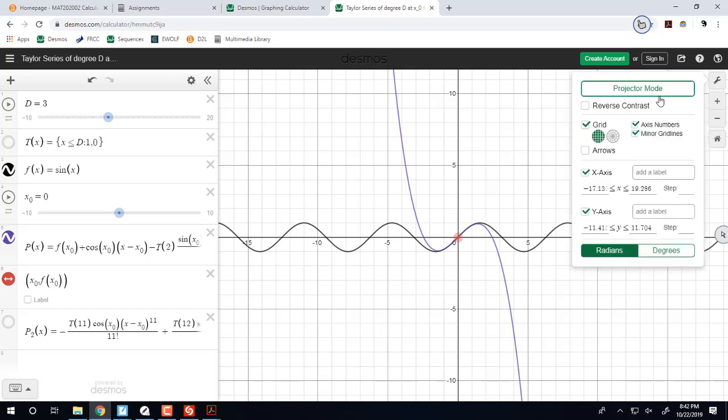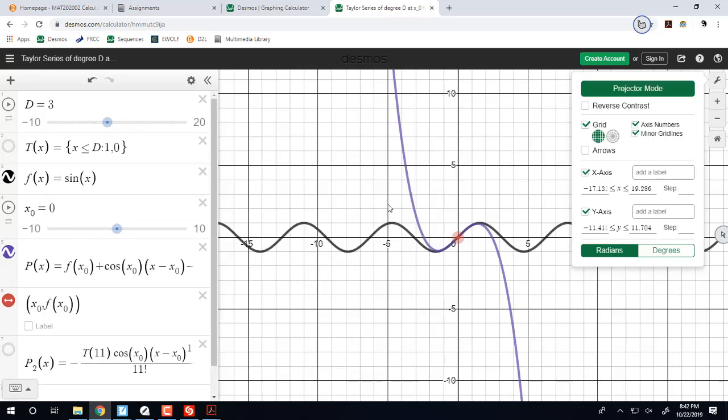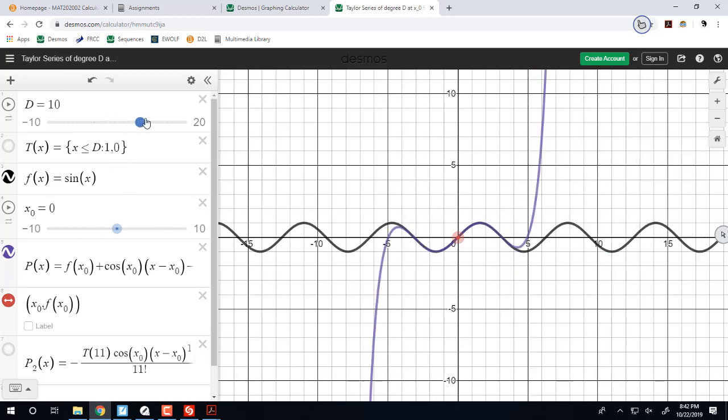Okay, so here's the third degree polynomial that's approximating sine at 0. Yeah, this one does better. So you see, as we keep getting more and more degrees in there, how the sine function is more and more overlapped by that polynomial. I mean, I don't know, that's pretty cool.